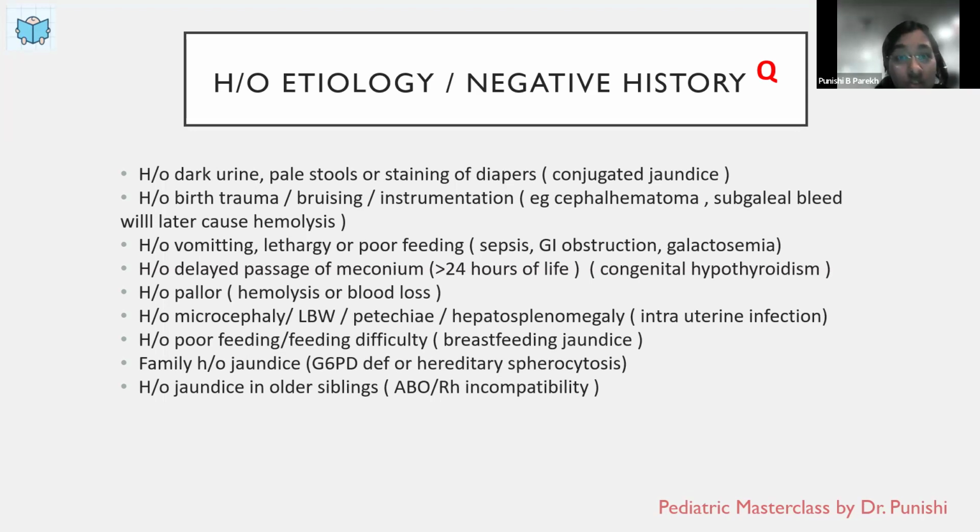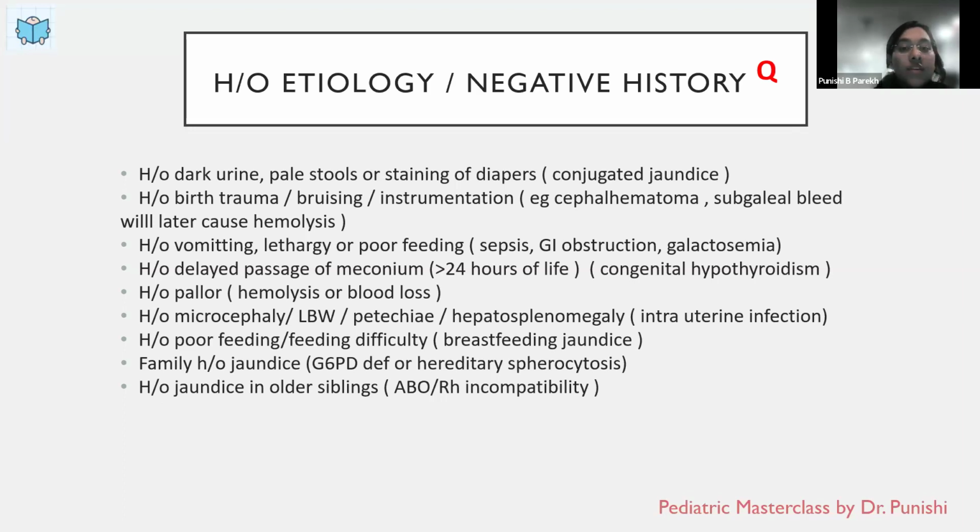So there could be biliary atresia, there could be choledochal cyst, and these have a different set of presentation and different treatment options available. That's why the first question is to find out whether it's unconjugated or conjugated bilirubin. So in conjugated jaundice, you have dark urine, pale stools, and staining of diaper because of the yellowish urine.